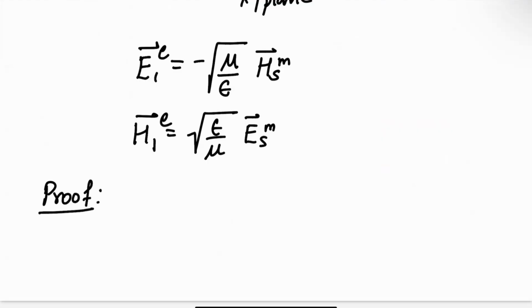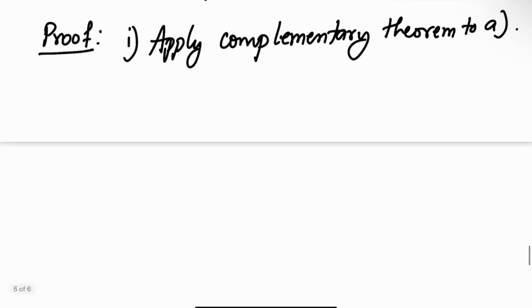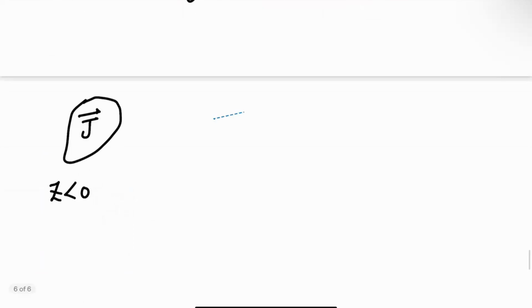Okay, so we start with A. First step, start with situation A and apply the complementary theorem to it. So if I apply the complementary theorem to A, then I have the same currents, I have my PMC, and I have E2, H2.